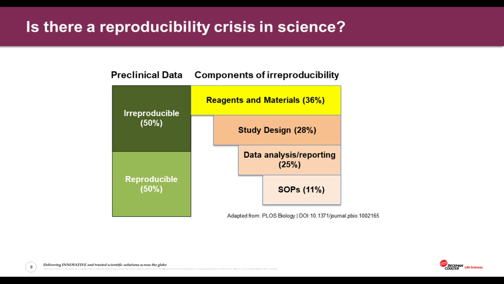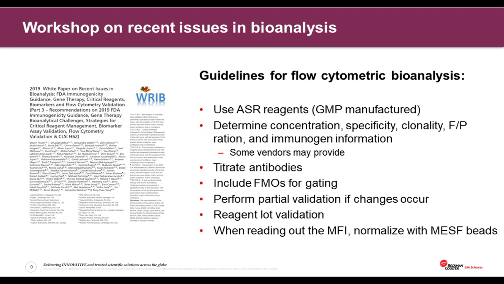So why is it that these materials and reagents, which we can control and rigorously implement into our experiments, are producing such a massive and alarming number of irreproducible studies? Ultimately, irreproducibility leads to delays in therapeutic development and increased costs. This is obviously unacceptable and needs to be changed.